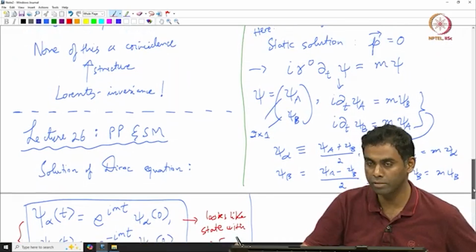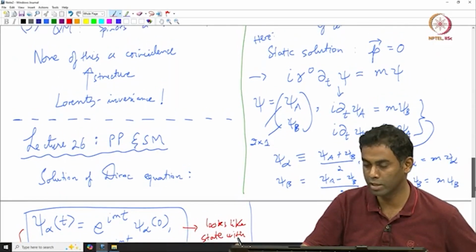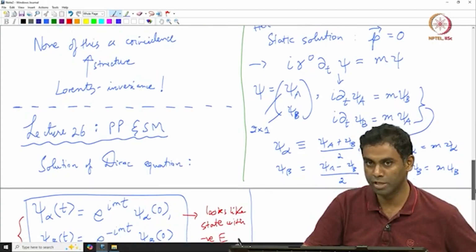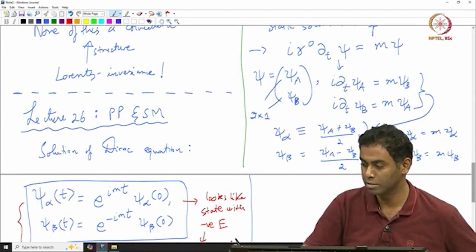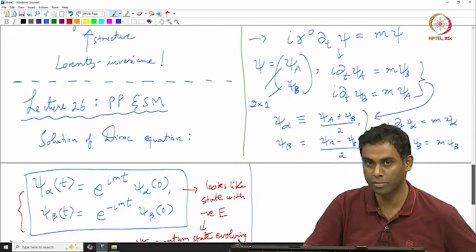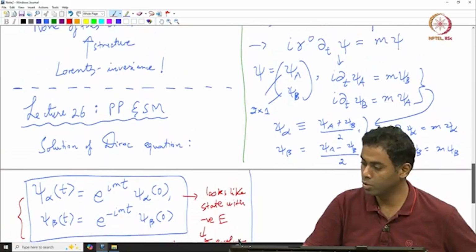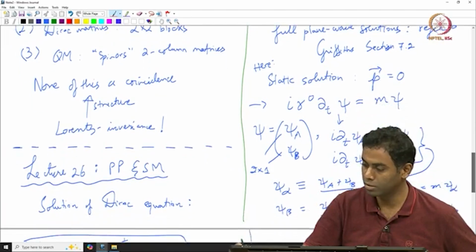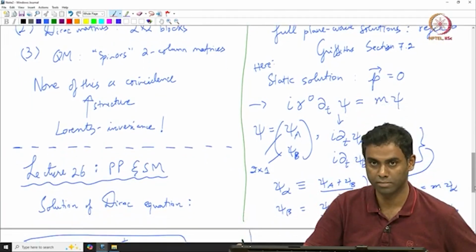A 4 vector we understand, 4 vectors arise in relativity, defined as objects that transform as 4 vectors. So we do have an understanding of that from the Lorentz group, but now I have just started writing matrices all over the place and it is not really clear what these objects really are as far as Lorentz invariants and things like that are concerned.